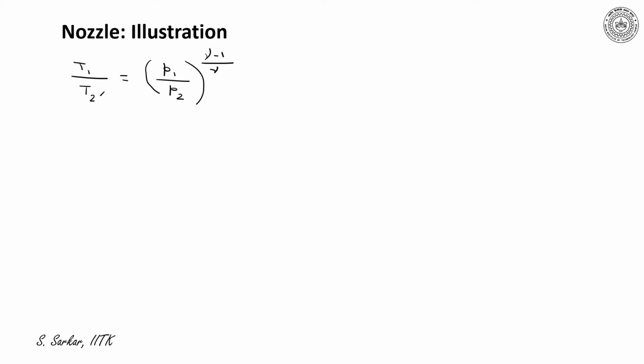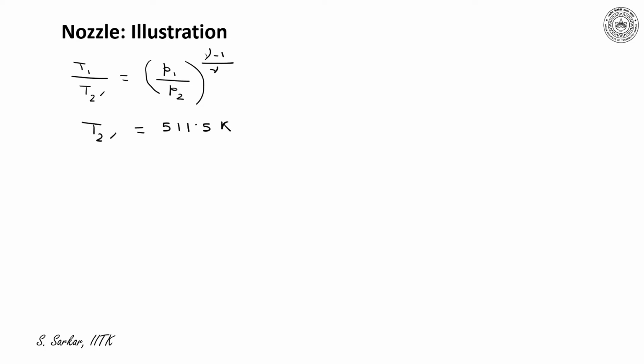Now here I know P1, I know P2, and thus I know the value of gamma, so I can evaluate T2 dash. If you do the calculations, I'm not showing them in detail, I have calculated T2 dash as 1.5 Kelvin, right?